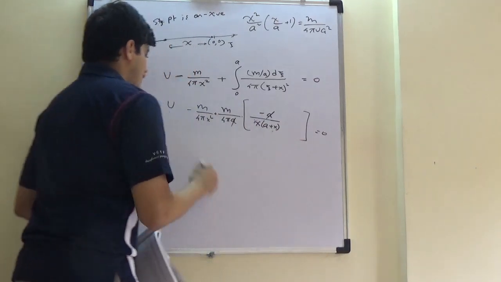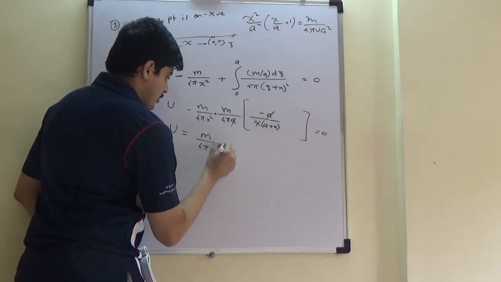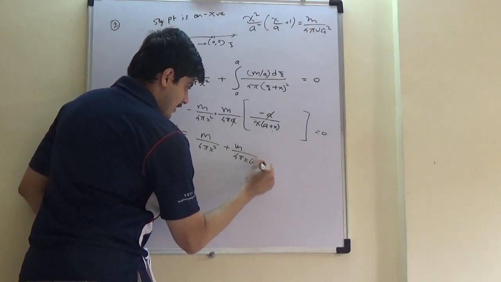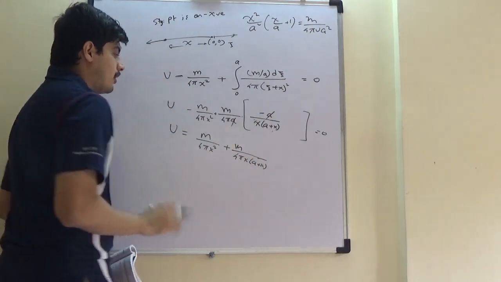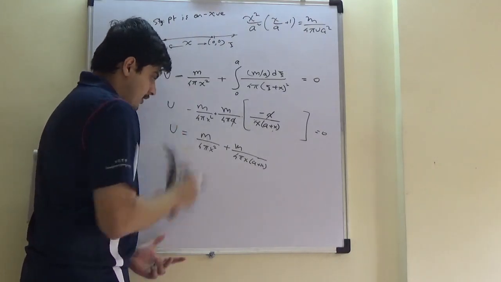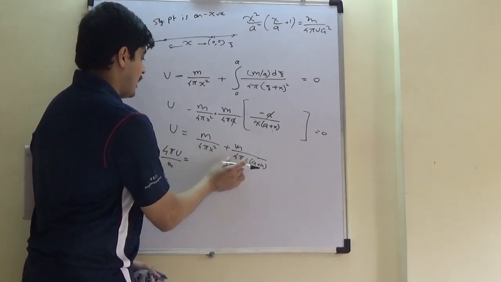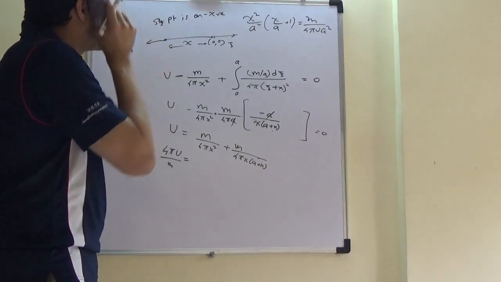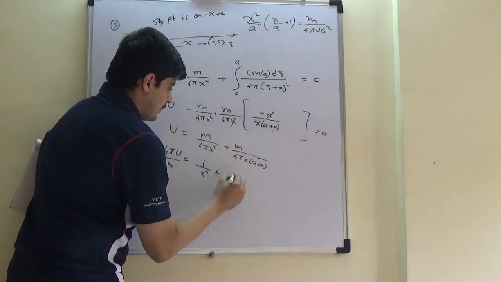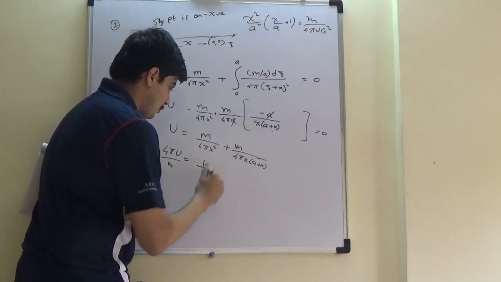So one a gets cancelled out, so u comes on the right hand side. 4 pi x square plus m upon 4 pi x a plus x. A has got cancelled. This is the equation, right? M upon 4 pi. So 4 pi u upon m. I have taken out whatever common I could get. Plus 1 upon x, a plus x. Again, the 1 upon x will come out.